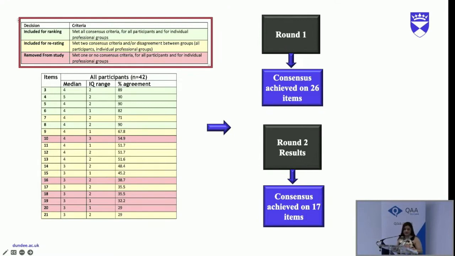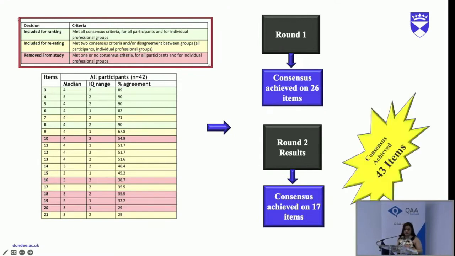So out of 69, the total consensus was 43 items. Some were duplicates, some were removed, some were modified. So that was the final outcome of the Delphi stage: consensus on 43 items.